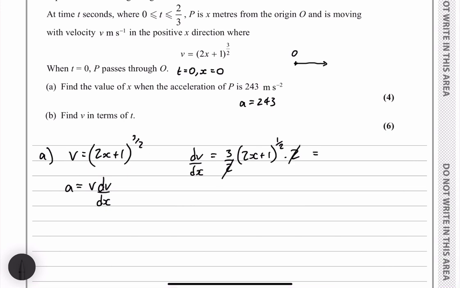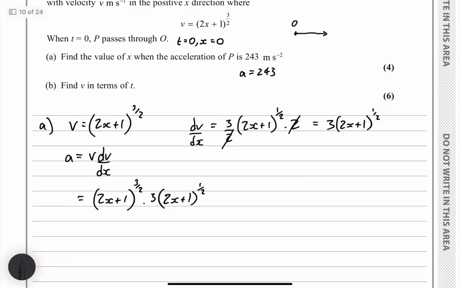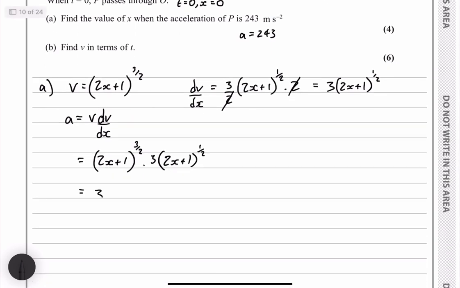That cancels, so we get 3 (2x plus 1) to the half. If we multiply that by v, which is (2x plus 1) to the 3 over 2, times by 3 (2x plus 1) to the half, they combine to give us 3 lots of (2x plus 1) all squared.